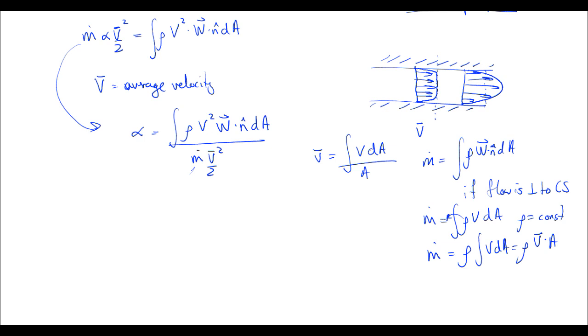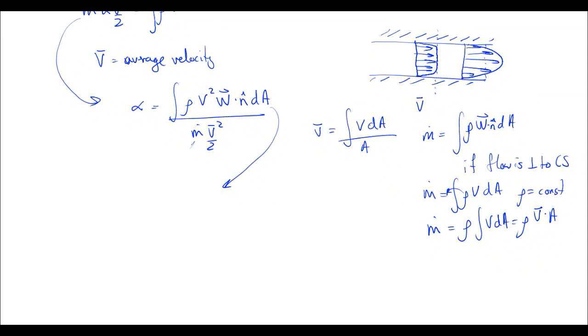Again, if our flow is perpendicular to our control surface, and we assume density is equal to a constant, then we can say alpha is equal to rho times the integral over our control surface of v squared times v dA, divided by m dot v bar squared over 2.